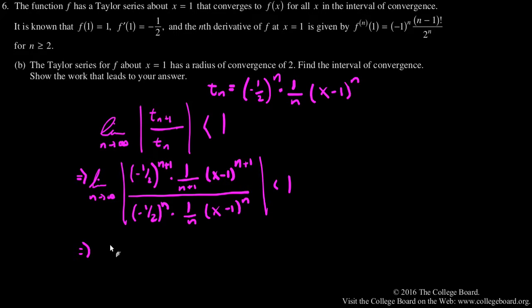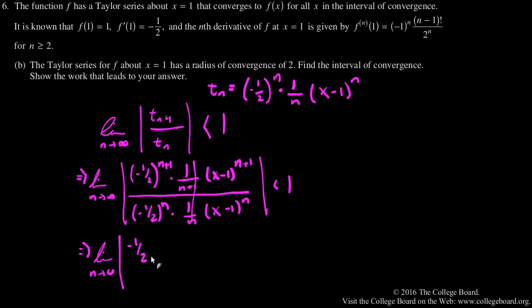And I can reduce this down a little bit, so limit as n approaches infinity. In here, if I work this out, I will have negative 1/2 to the n plus 1 over negative 1/2 to the n gives me a negative 1/2 in the numerator, which is the same thing as having a negative 2 in the denominator. 1 over n plus 1 and 1 over n, as we approach infinity and we flip these around, this division is going to approach 1, so for all intents and purposes, they cancel.